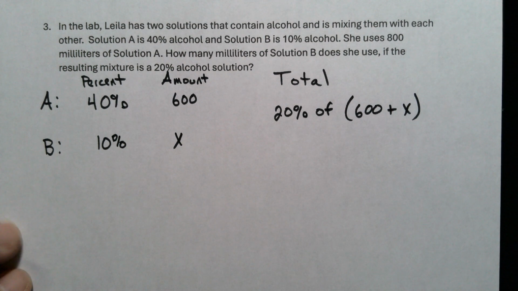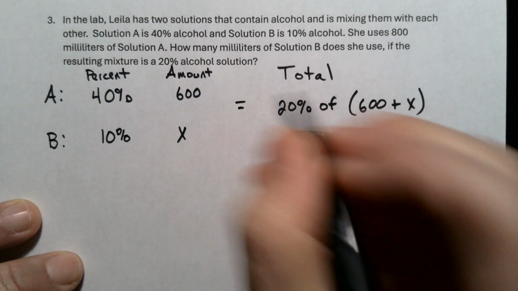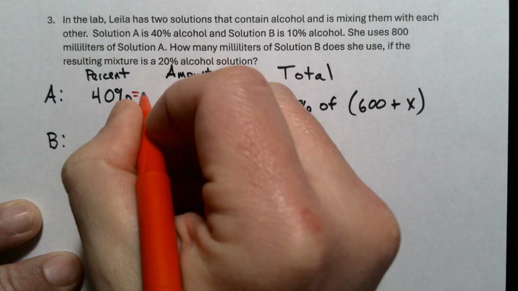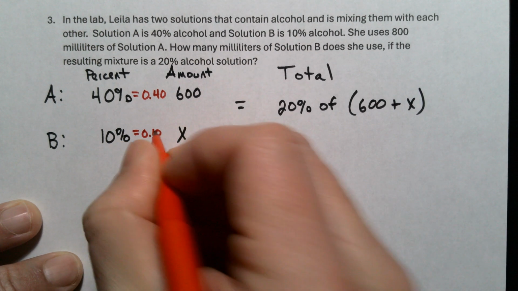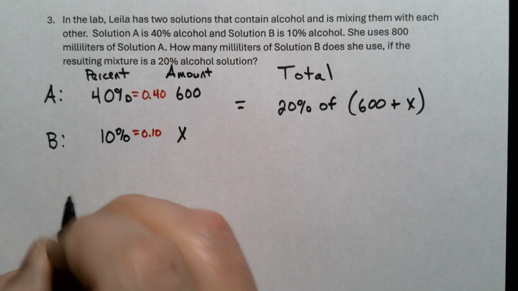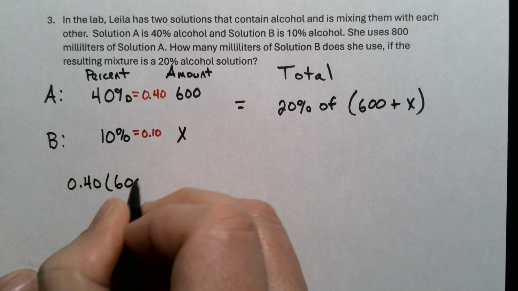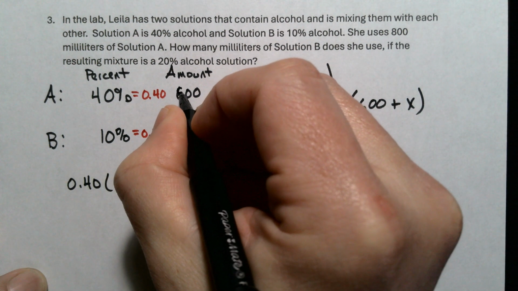Okay, now to write this as an equation, first let's write A. So A is 40% of 600. Recall that 40% can be written as 0.40 and 10% can be written as 0.10. Okay, so for A, it's 0.40 times 600. Oh, I just realized I was putting 600 and it should have been 800. Okay, quick little adjustment here.